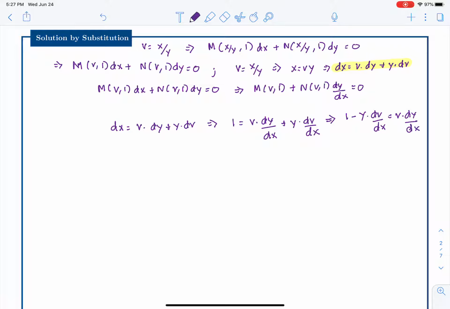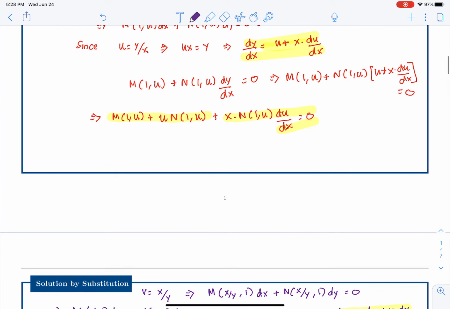Then we can take this expression, plug it back in that expression, and arrive at something like this, and we can proceed to solve. So once we solve it, we can go back and take the substitution that we initially used and replace it in the solution.